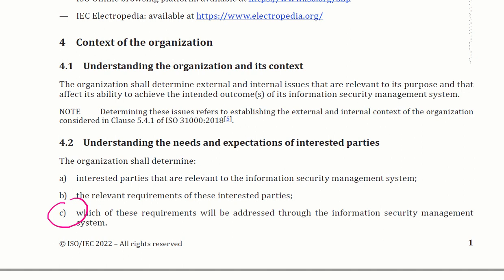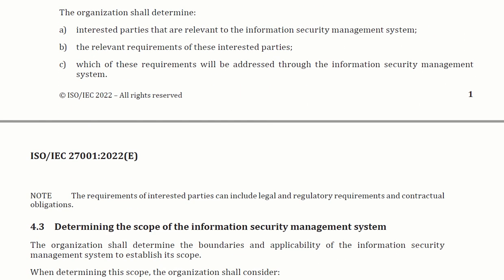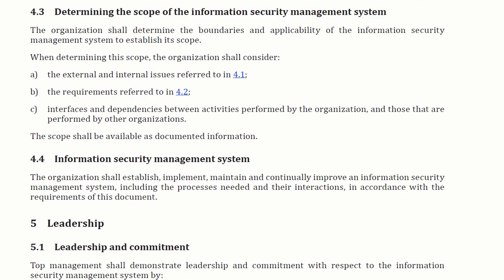Something has also been changed in clause number 4.4. Let's go back to 4.